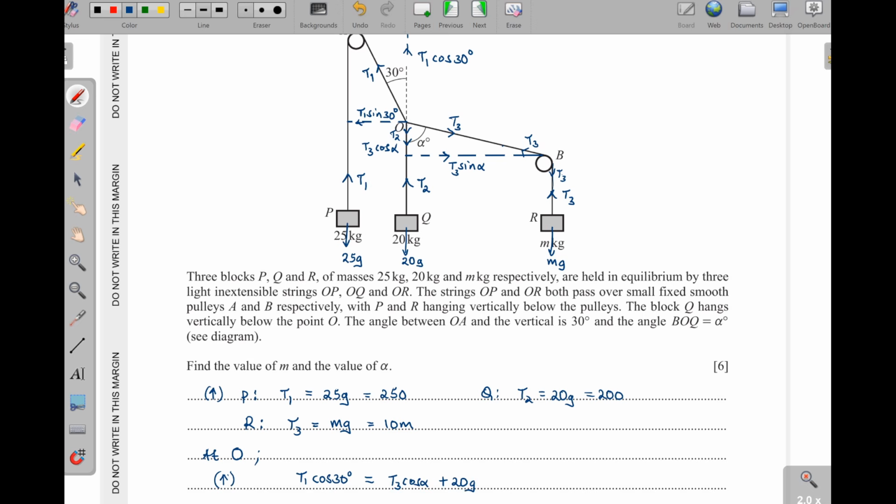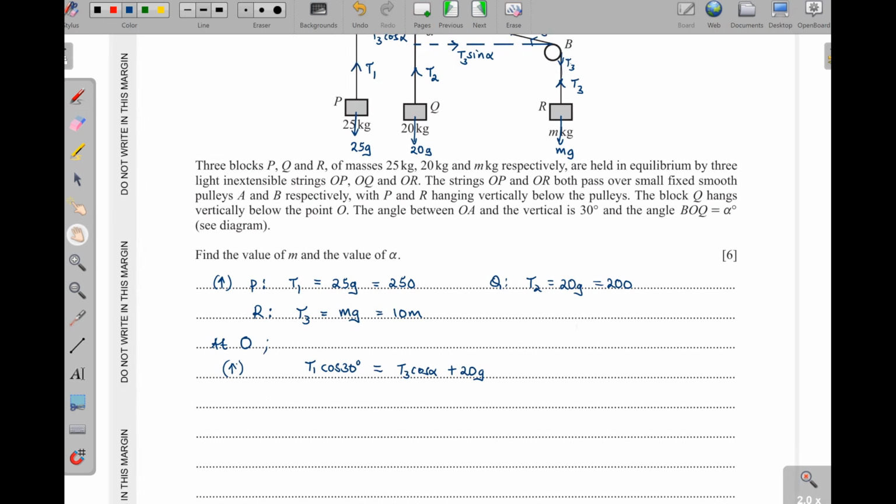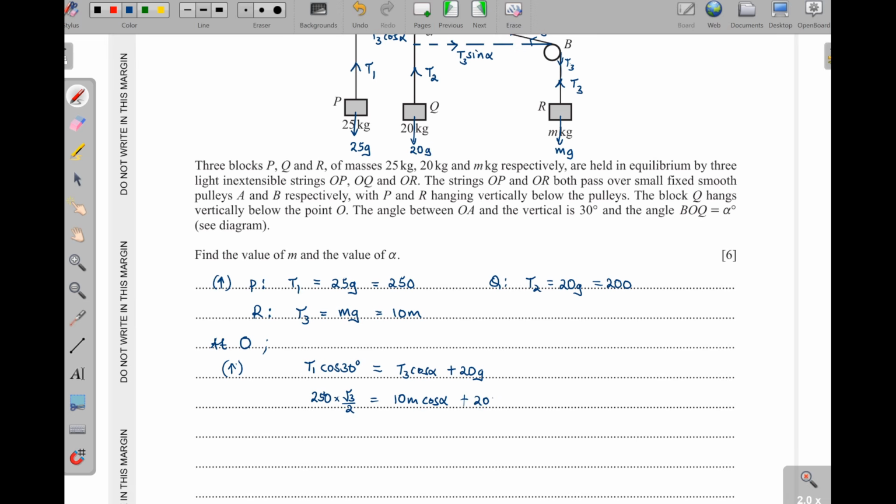You see that? All right. Then what else? So we can simplify this one. T1 is 250. Then cosine of 30, which is root 3 over 2, is equal to T3. T3 is here, 10m. So 10m, then cosine of alpha, then plus the 200.